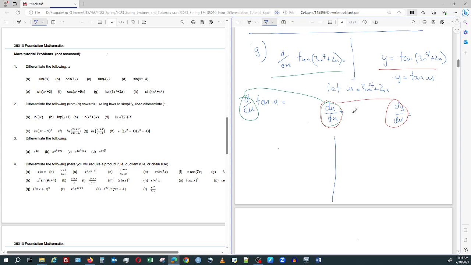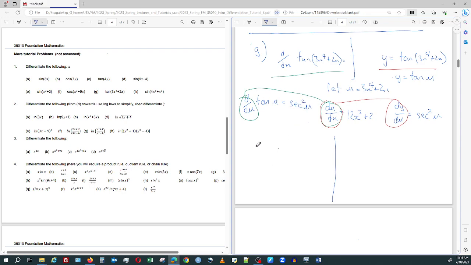This one is 4 3s are 12, x cubed plus 2, tan is sec squared u. Sec squared u.